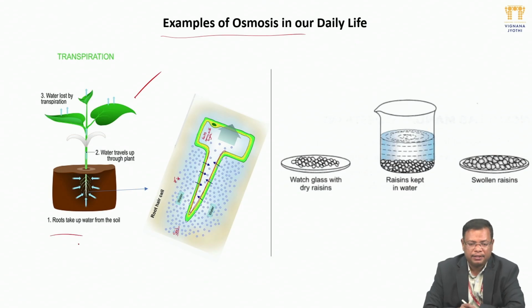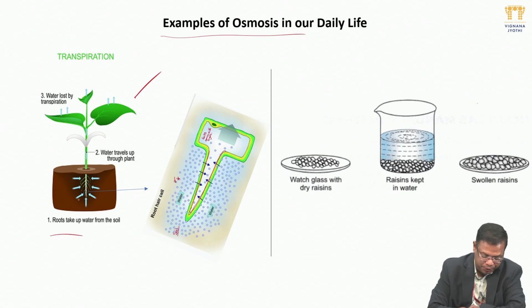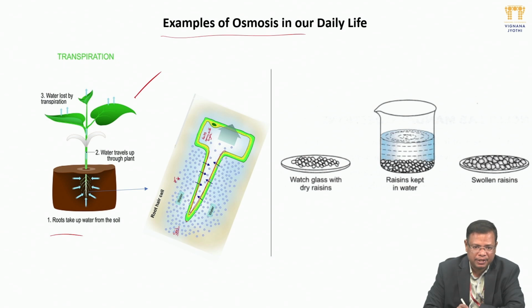In the soil, the roots of the plant have root hairs. See, the water is absorbed by the root hairs, the small, very hairy portion of the root, taking the water, because the water concentration in the soil is very high, whereas in the root there are salts, minerals, sugars and carbohydrates.